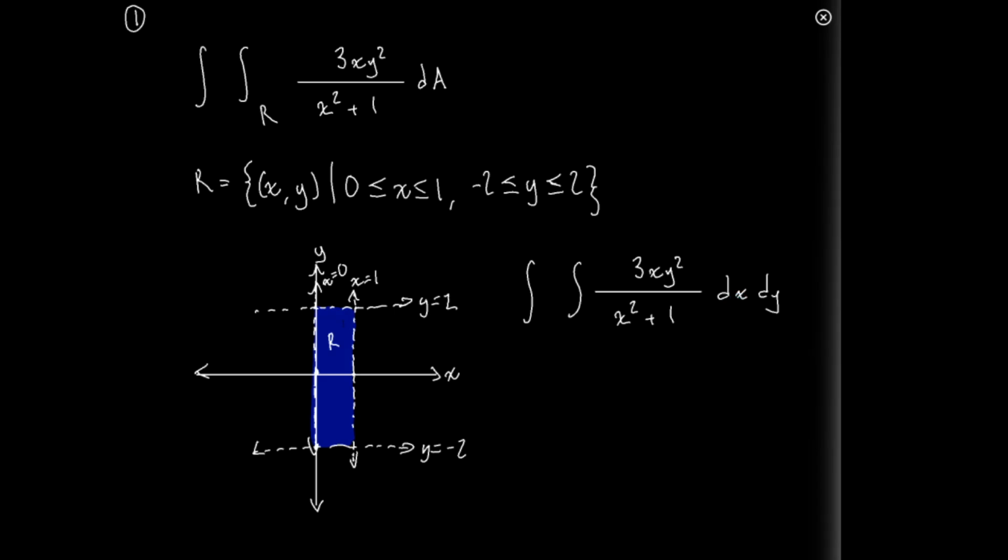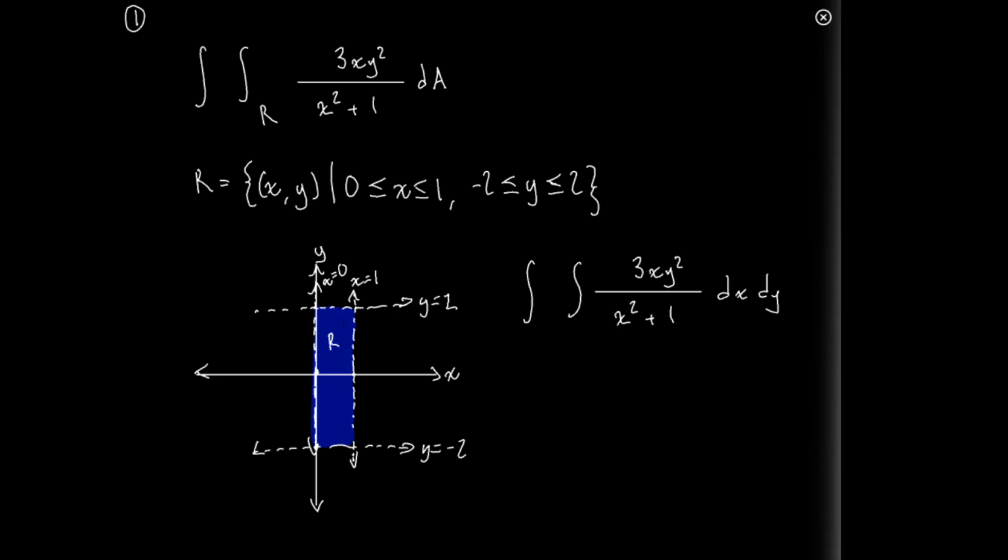Okay, well, the bounds for y are just 2 and -2. Those aren't functions of x, so it doesn't matter. But also in this case, if we just put x on the outside, then it wouldn't matter either because they're not functions of y. So whichever order you do it in, it won't matter. You won't have to change around any of these equations that you already have.